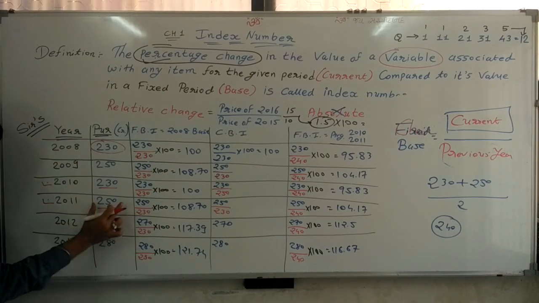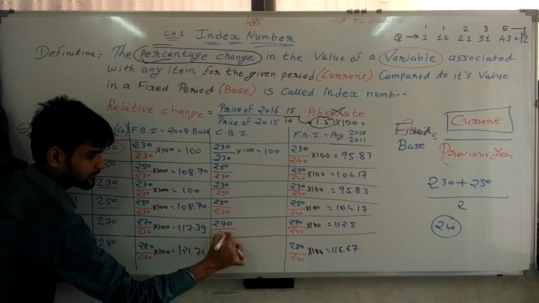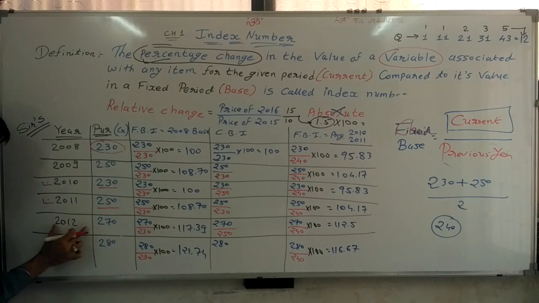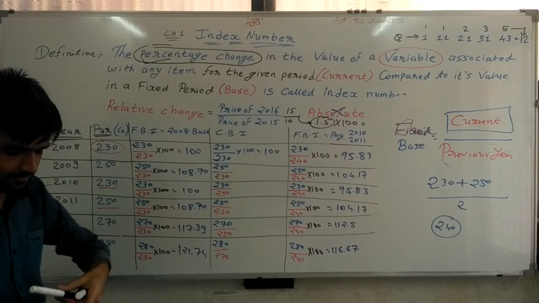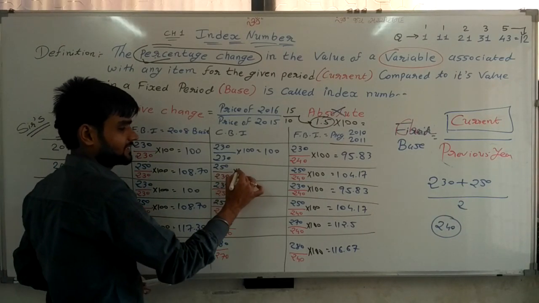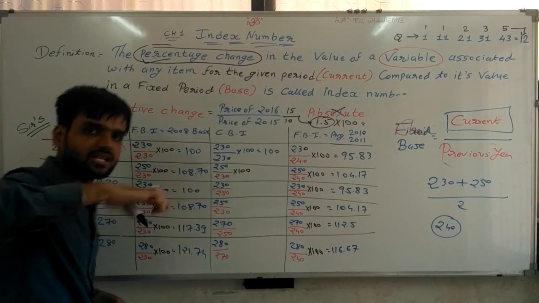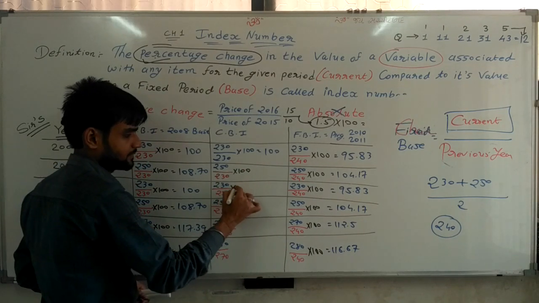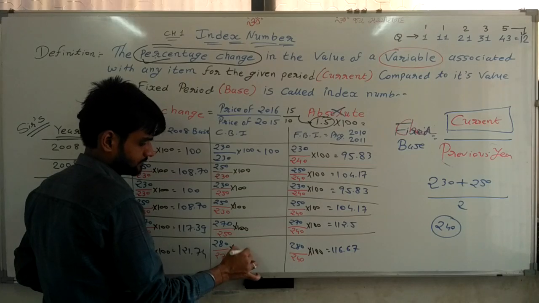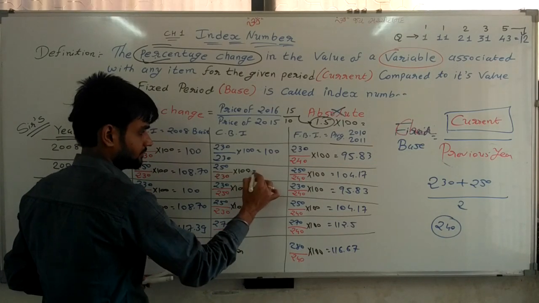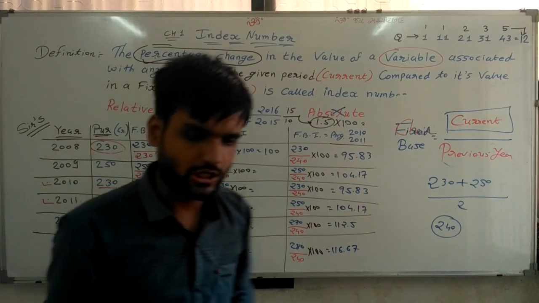For 2012, 2011 is the base, 250. 2013, 2012 as the base, 270. And multiply with 100 as it is, because this is the relative change. What we need is percentage of relative change. And whatever we are getting here, that is chain base index.